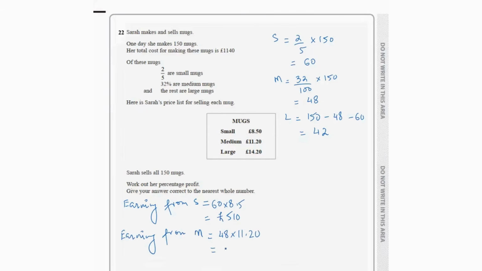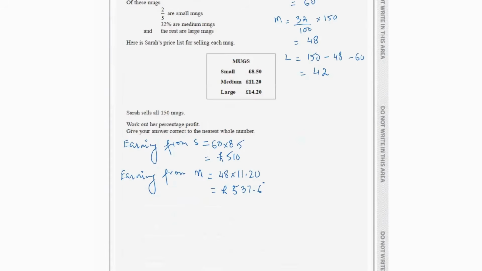That's 537.6 pounds. And then earning from large, that's going to be 42 times 14.2.